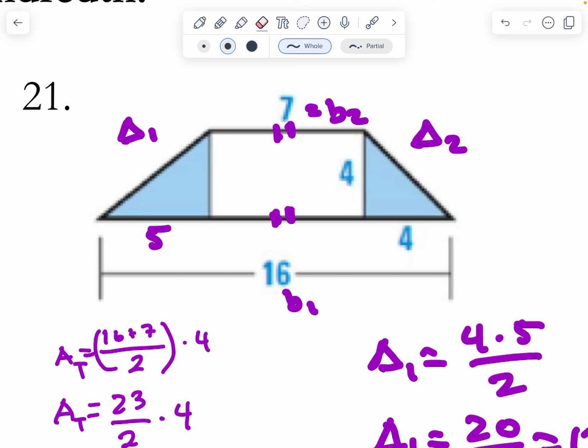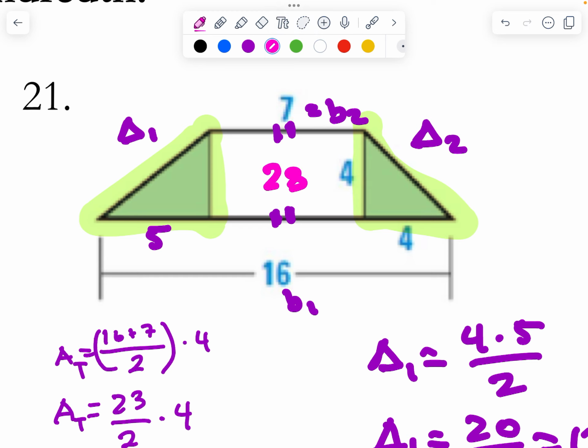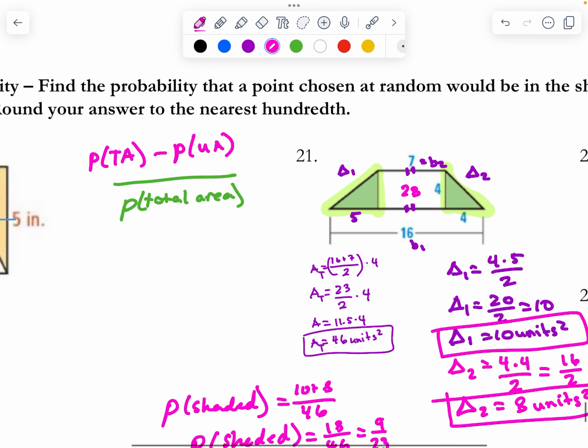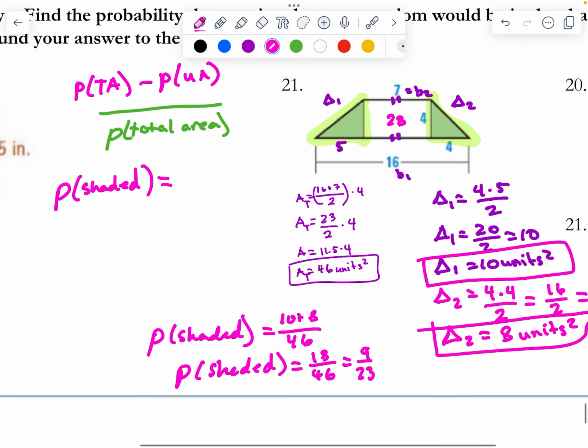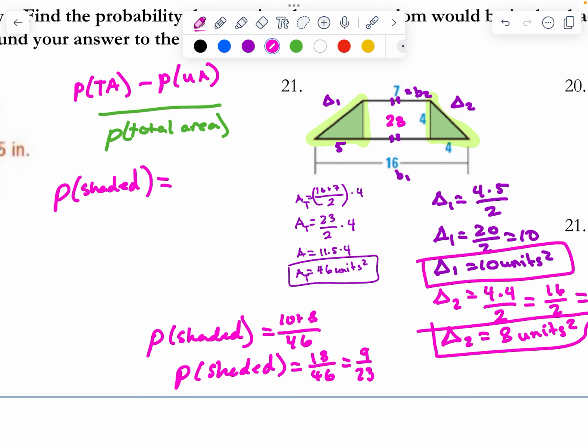So let's find the area of my unshaded area. Let's keep everything kind of how it was. Since I know my base here is 7 and my height is 4, that means 7 times 4 is 28. It's that simple. So now we're going to take the probability that it's shaded, and I'm going to take the total area, which we said was 46 units.